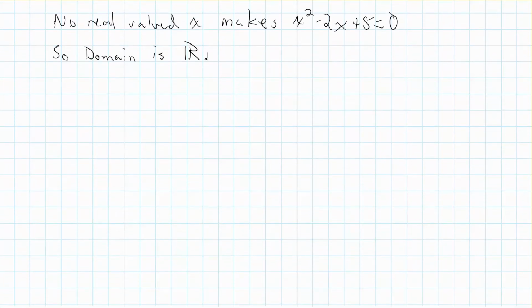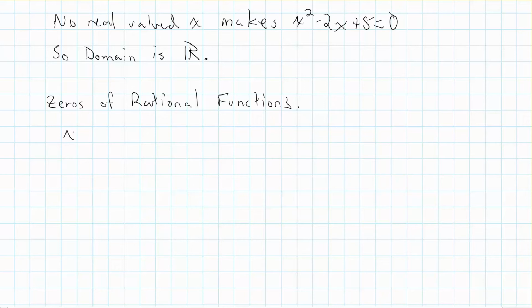All right, last thing I want to talk about in this video, and then we'll talk about asymptotes in the next video, is zeros. Zeros of rational functions.